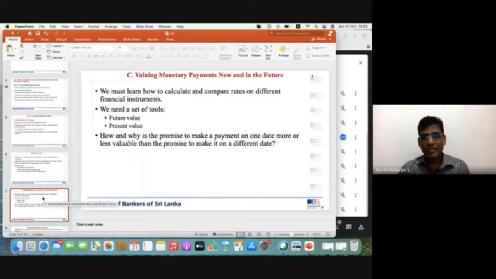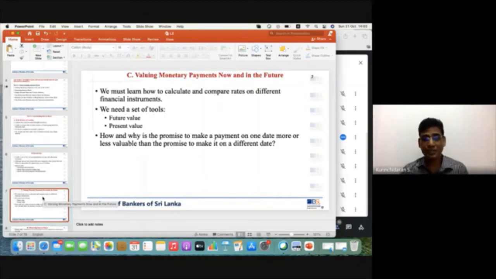When you value, as we discussed, there are three aspects we have to look into, but at the same time, when we value a monetary payment now and in the future, what are we going to do? That's the first question, right? So we should know, if you know the present value, today's value, if I'm going to lend $10,000, what will be the value after 1 year?